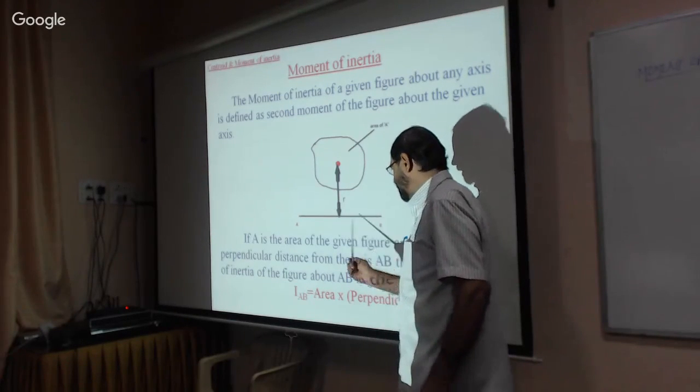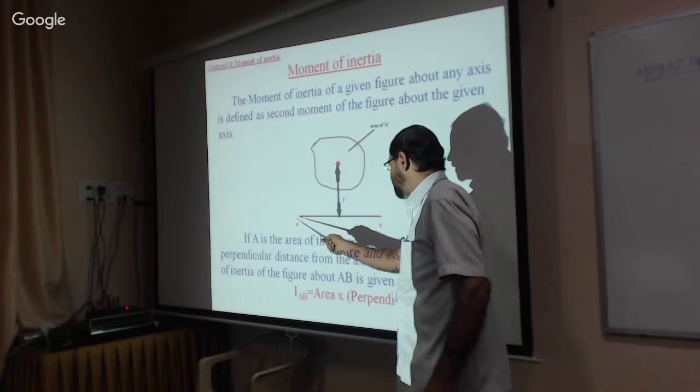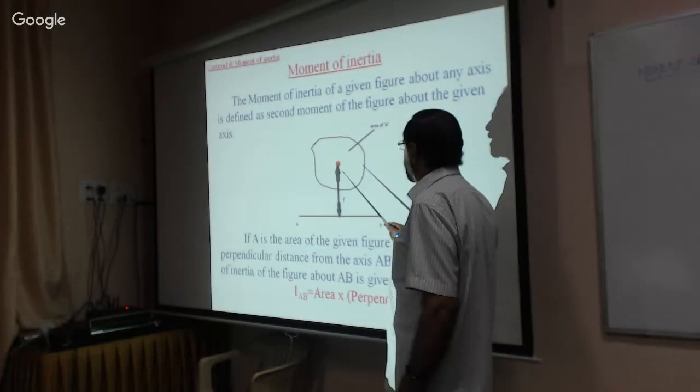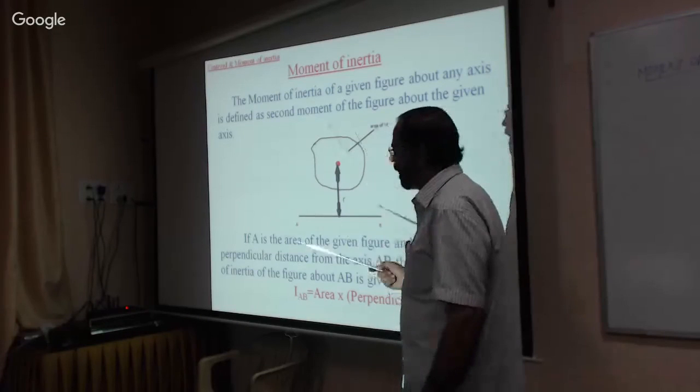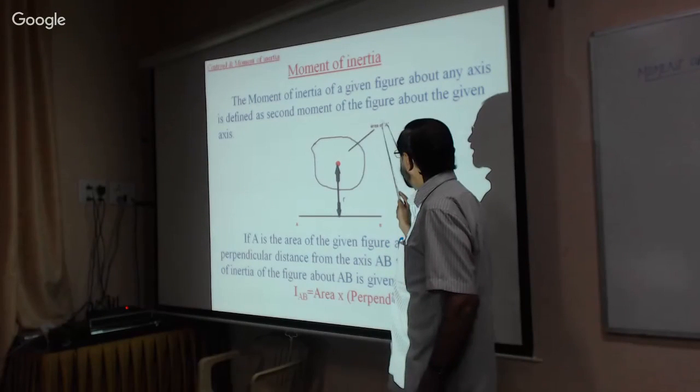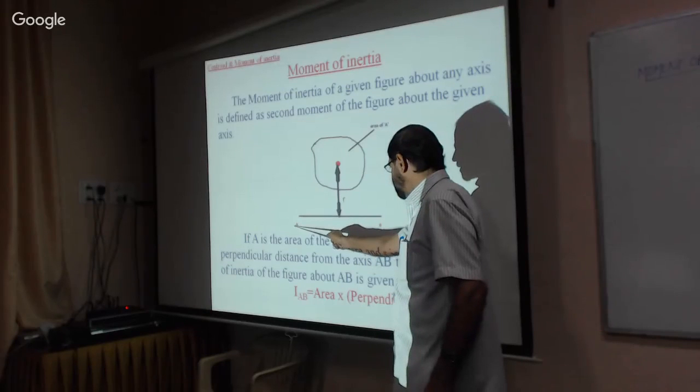This reference axis is denoted as AB. AB is the reference axis. Now how to calculate the moment of inertia of the given plane figure.